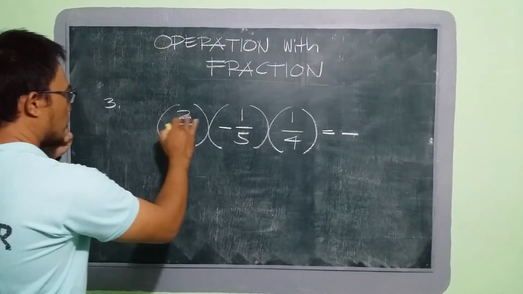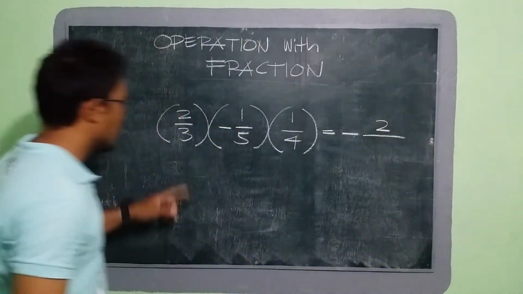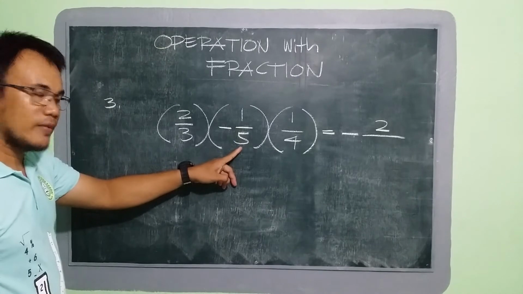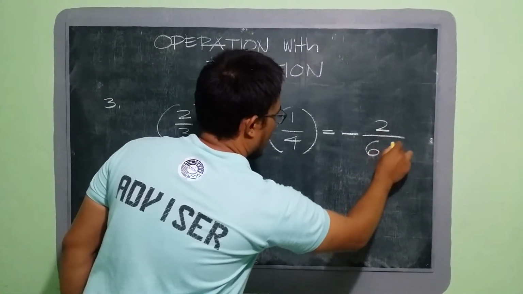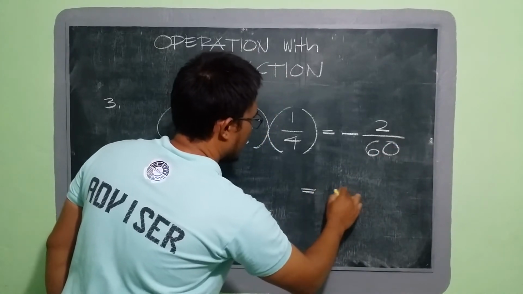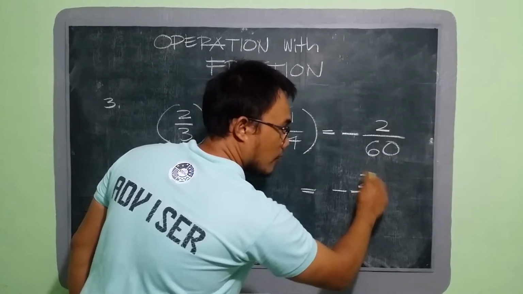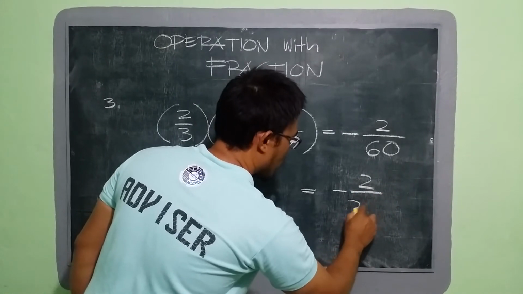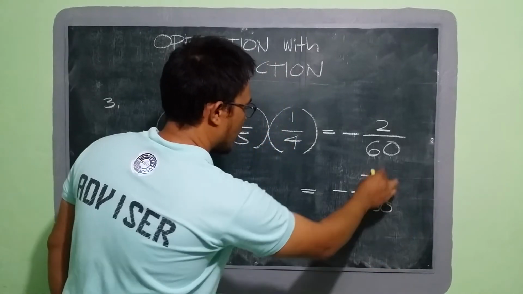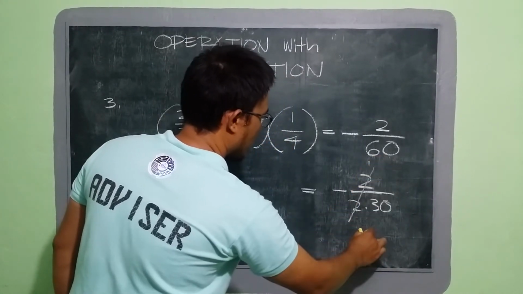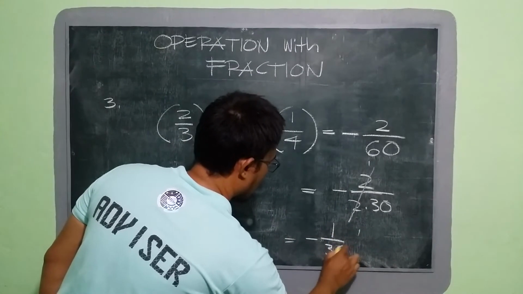Now we have to multiply: 2 times 1 times 1 is 2 over 3 times 5, 15 times 4 is 60. Now we're going to simplify that one, so that is negative 2 over 60. The factor of 60 is 2 times 30. So we cancel out 2, it remains 1. Our final answer will be negative 1 over 30.